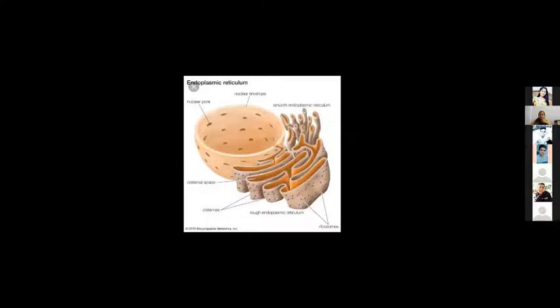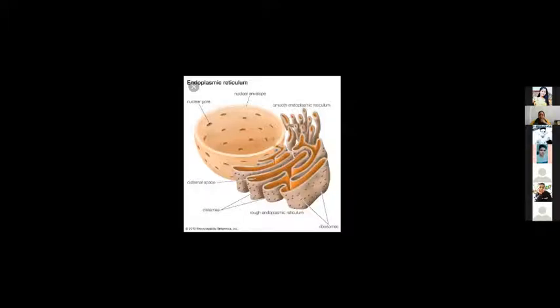It is another form that looks like the endoplasmic reticulum. It is present mainly in cardiac cells or muscle cells, where it is used more, and it stores ions, mostly calcium ions.